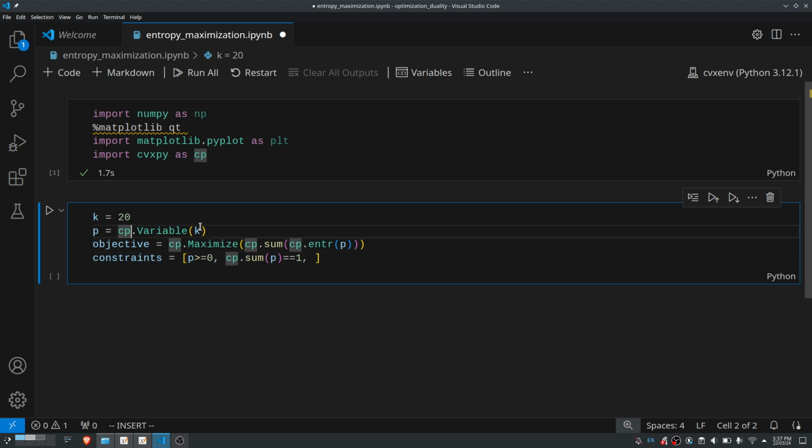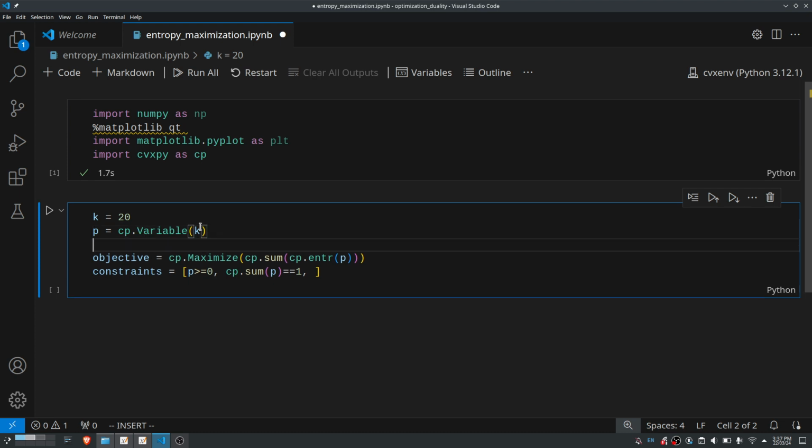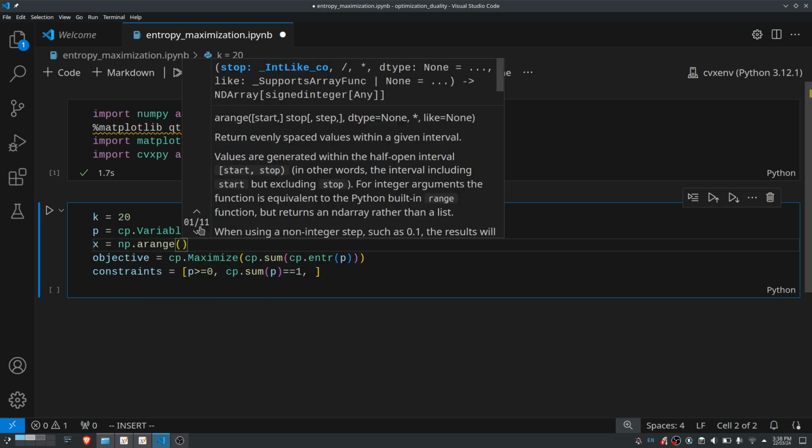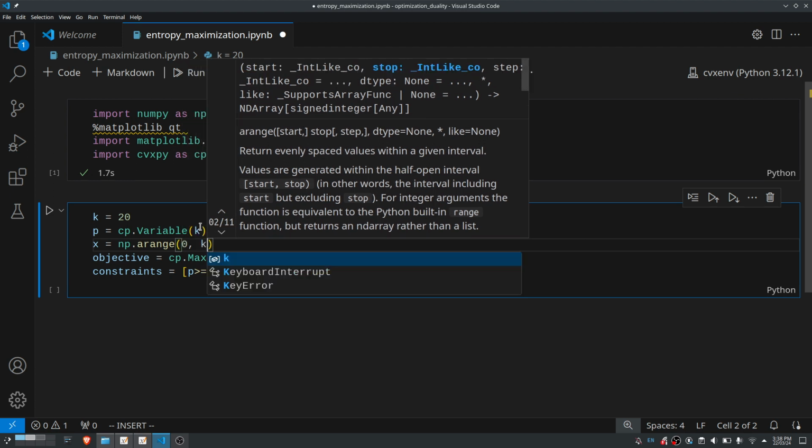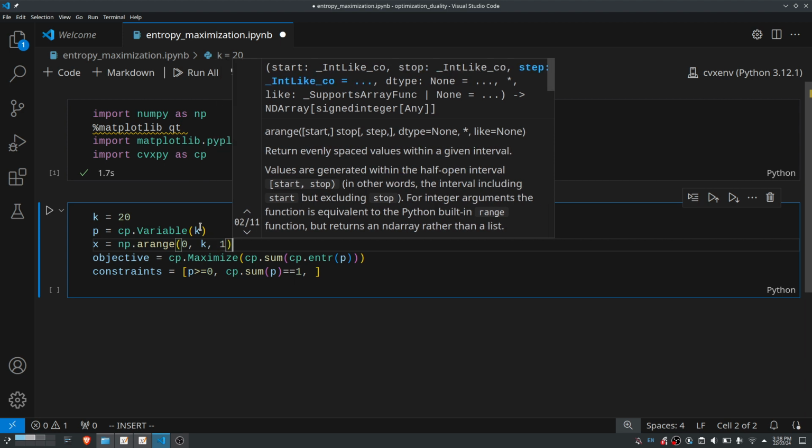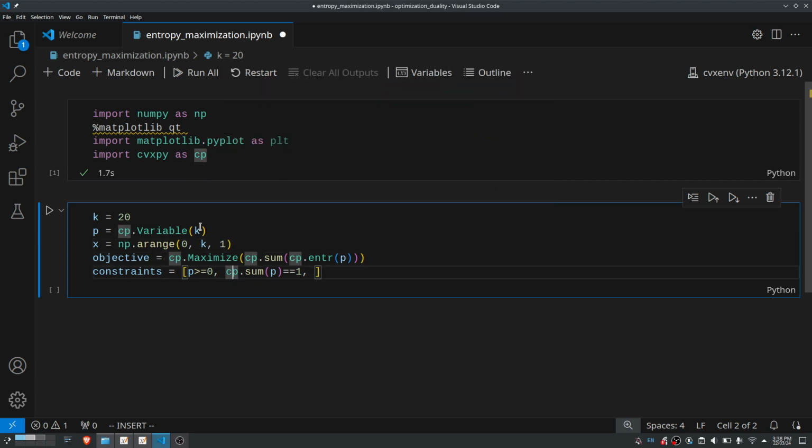So let me define what my actual alphabet is. Maybe I'll say that this is 0 up to k minus 1, but in principle I could have chosen something else, doesn't matter. For example, I could take this in steps of 0.1.